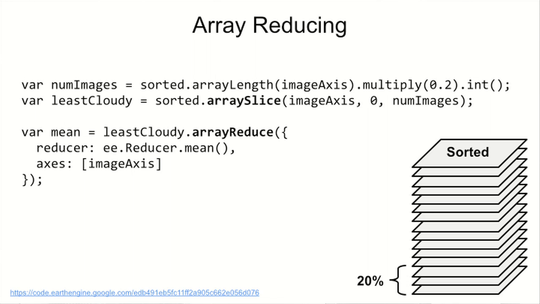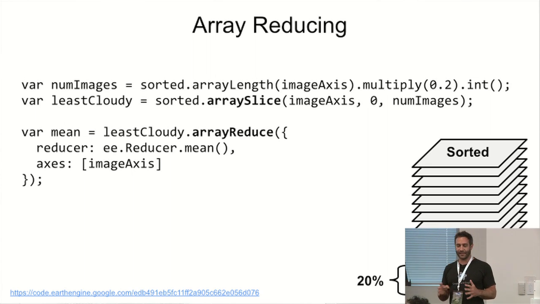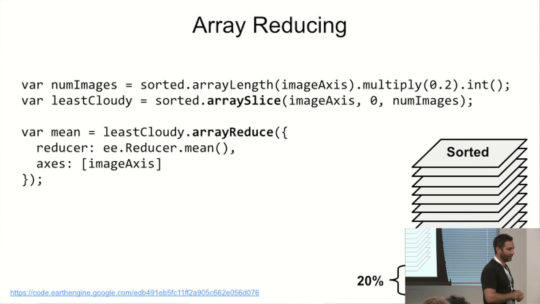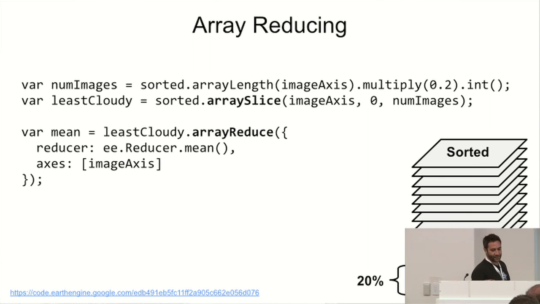There are other ways to do this, but this is a very succinct way to achieve that using arrays in Earth Engine. So specifically, we just compute the array length along the image axis.